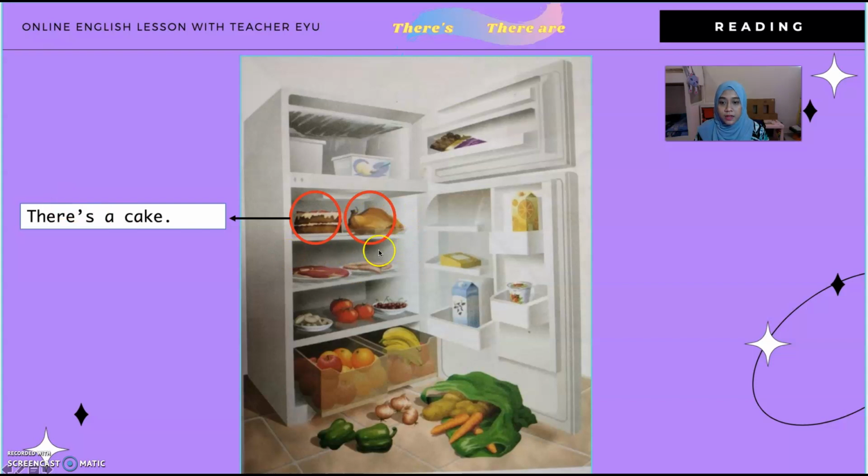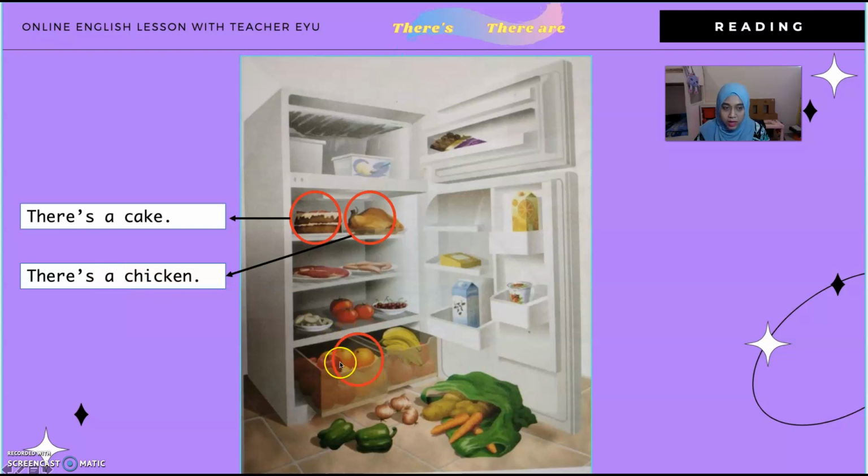Okay, next. This one. What food is this? That is a chicken, right? Okay, so the sentence is there's a chicken. A chicken means one chicken. So when it is one, we use there's. Okay. Right, next, here.